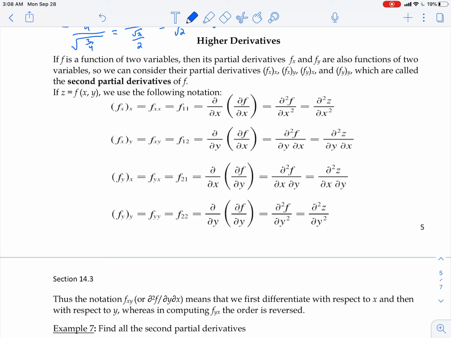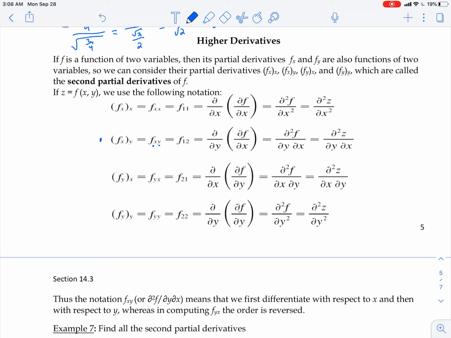If you take it with respect to the same variable, you can't really tell the difference, but notice when we look at this one. The partial derivative f_xy means that we took the partial derivative with respect to x first and then y. Notice that x appears first and then y.